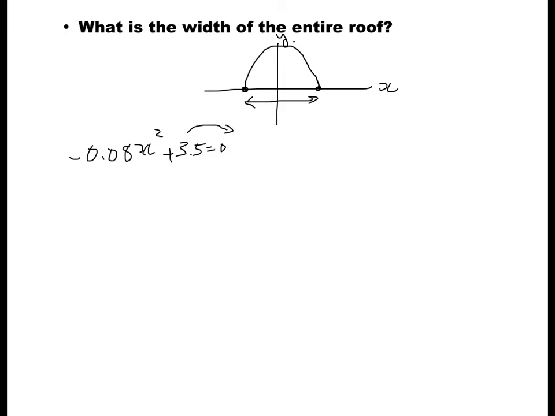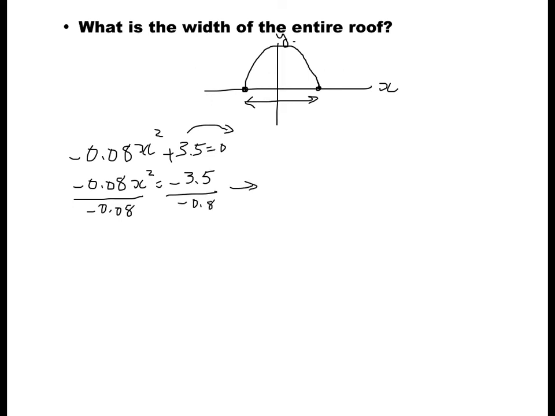We move 3.5 to the right. We get negative 0.08 x squared is equal to negative 3.5. Then we divide both sides by negative 0.08.